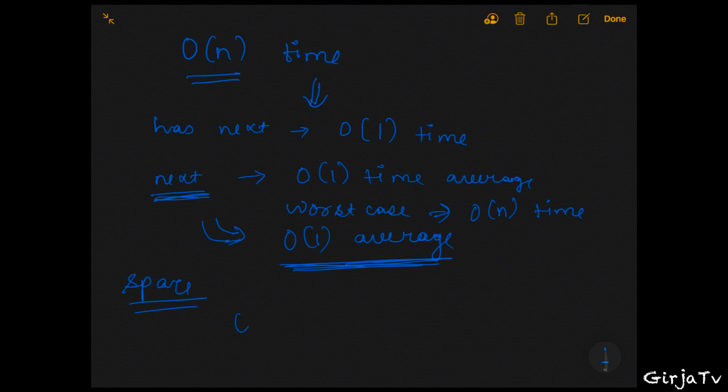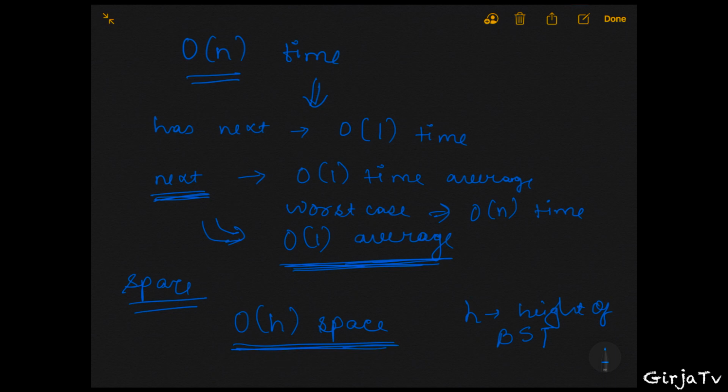We are taking big O of h space, where h is the height of the tree, the BST. Space is very easy because for the stack we are just storing at most the height of the nodes in the stack, so that is the worst space which we are taking.